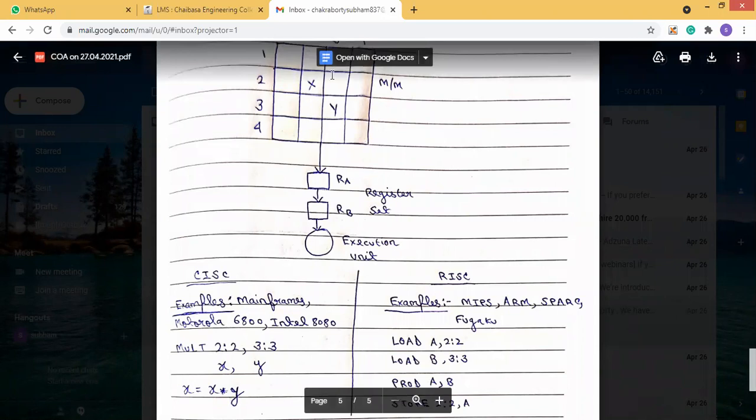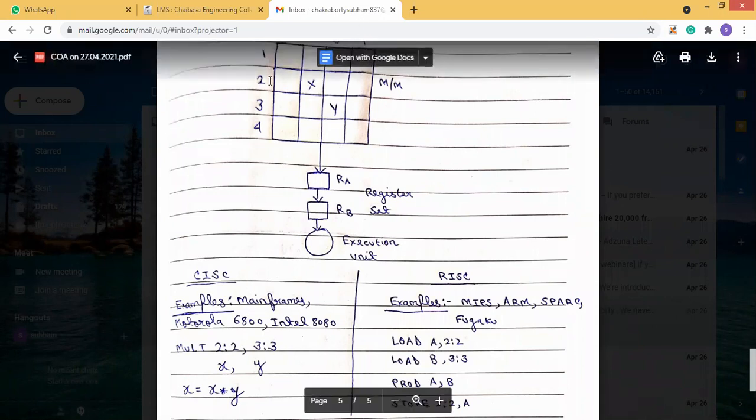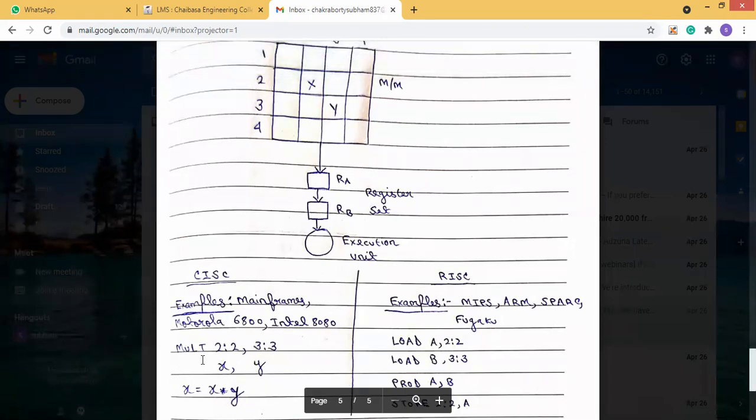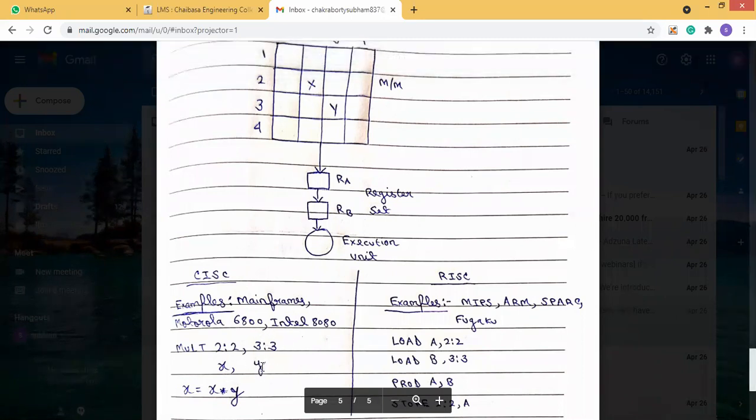Now, if we try to do some operations, like in this memory unit, X is stored in the 2x2 memory location and Y is stored in the 3x3 memory location. To execute this, we use MULT, an operation for multiplication. MULT 2x2, 3x3. Here in 2x2, the X value is stored, and in 3x3, Y will be used.